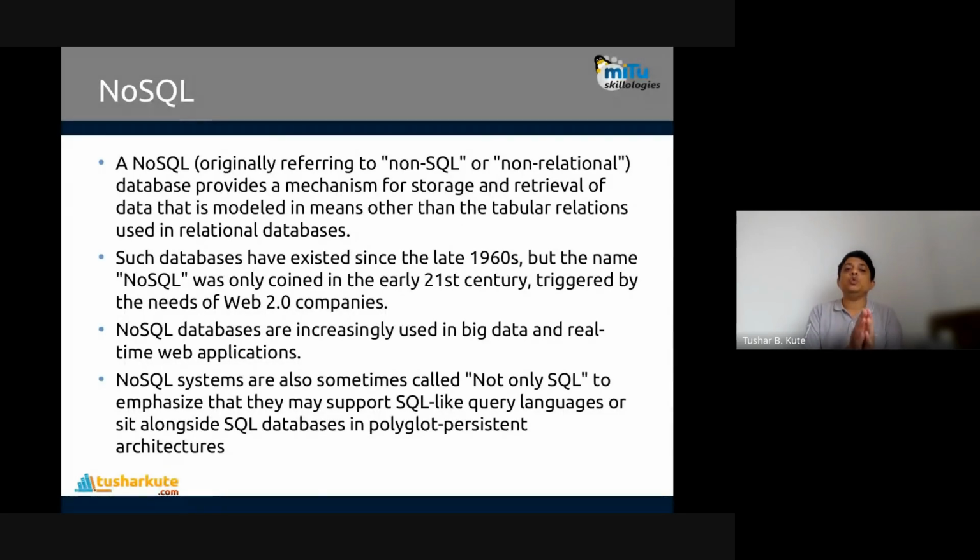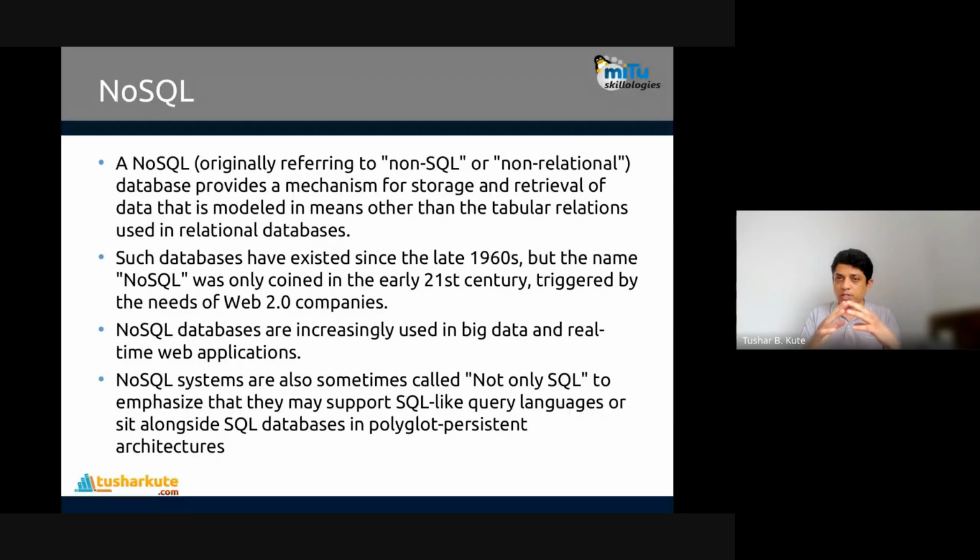But the name NoSQL was coined in the early 21st century, triggered by the needs of Web 2.0 companies, where they store data not only in the SQL format. That's why the name is not exactly the opposite of SQL. It's non-SQL. It is not only SQL. And today we call it not only SQL. They emphasize that they support SQL-like query languages or sit alongside SQL databases in a polyglot persistence architecture.